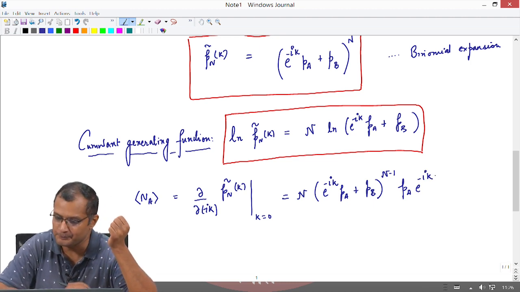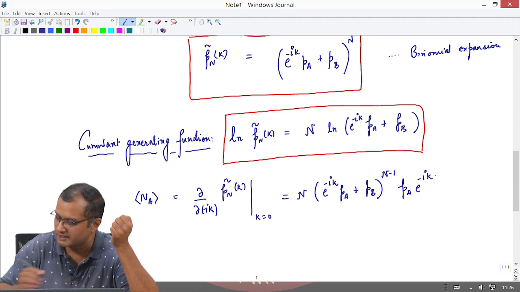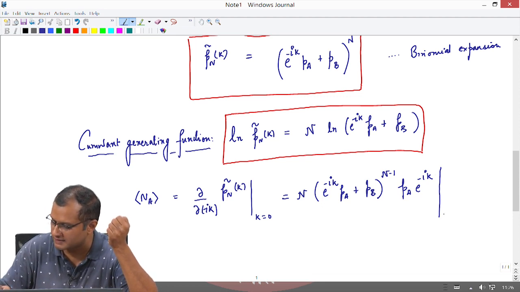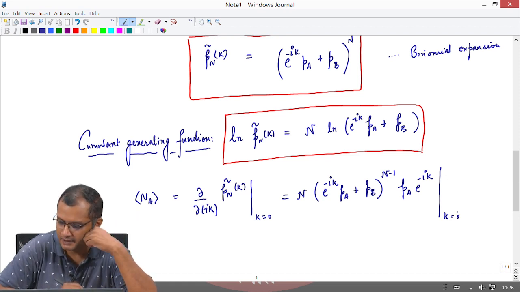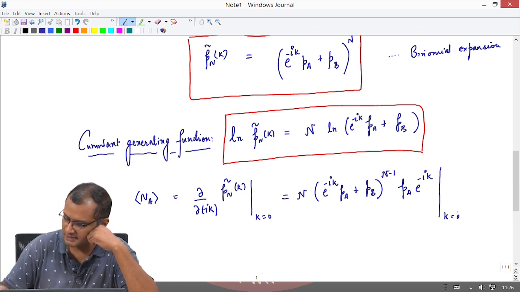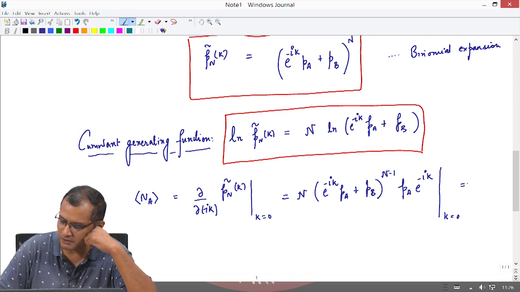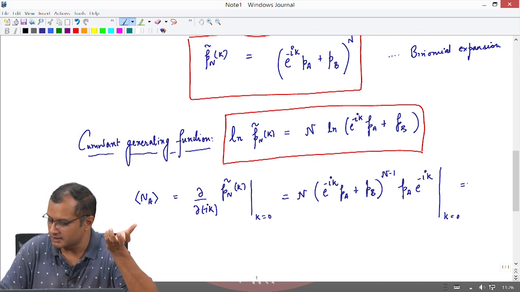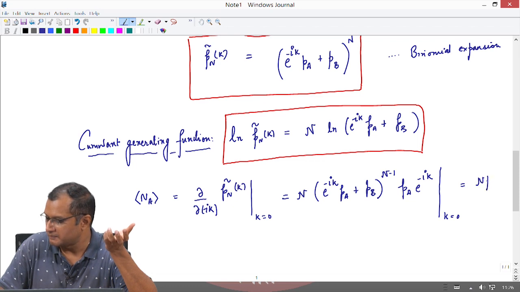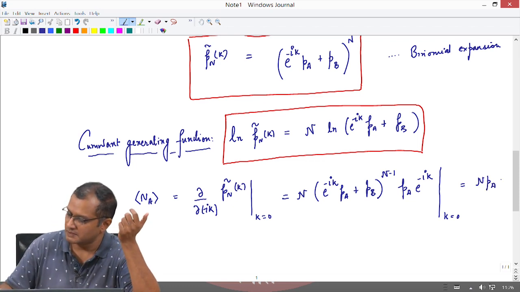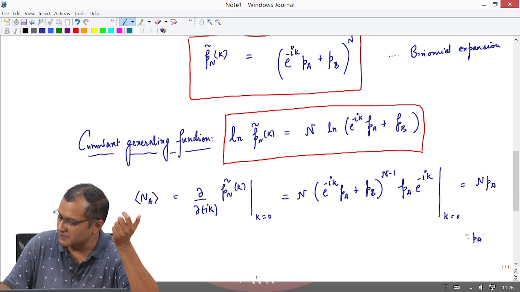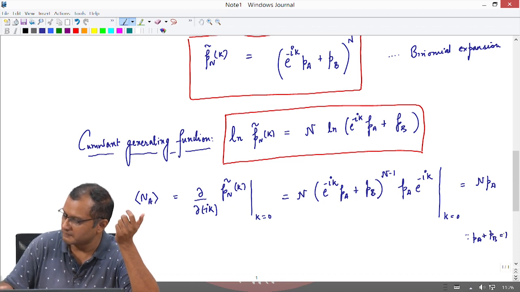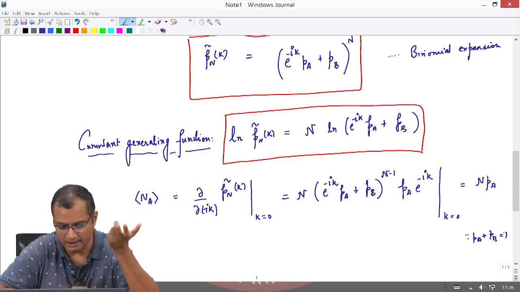Okay. And definitely I have to compute this derivative at the origin. Okay. So, if you put k equal to 0 here, what you get is nothing but n times p a, because p a plus p b is 1, and that is what you want.